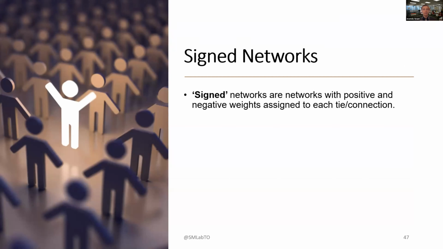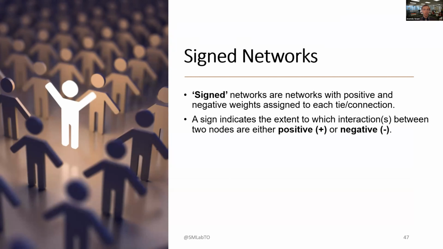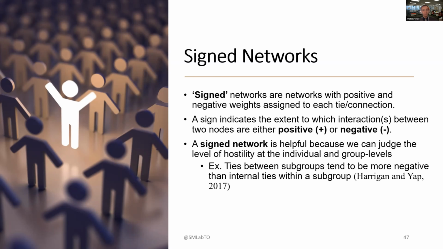So signed networks are networks with positive or negative weights assigned to each tie or connection. And so a sign indicates the extent to which interactions between any two nodes are either positive or negative.